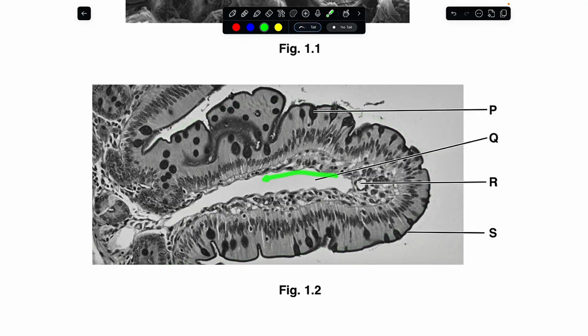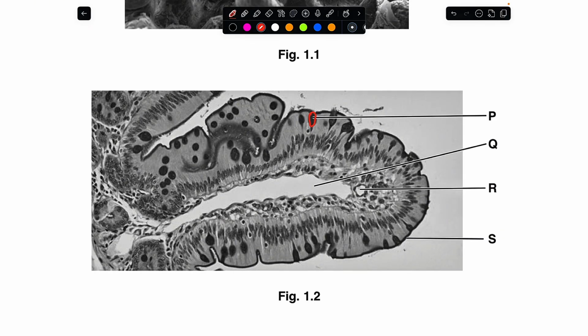At the center, we see this part, which would be the lacteal having lymph. And this here is a goblet cell, and the role of the goblet cell is to produce a sticky substance, mucus.